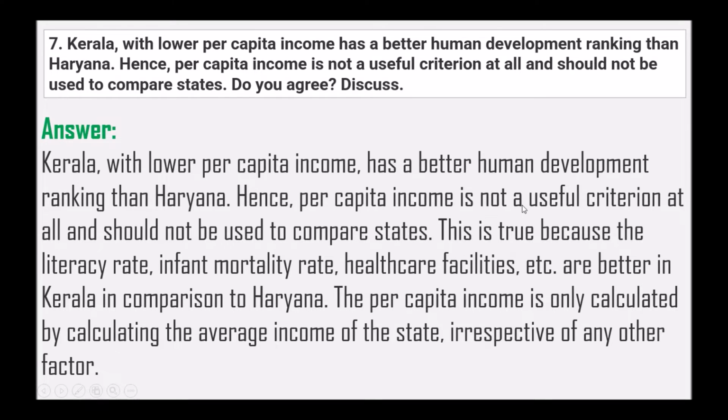Hence, per capita income is not a useful criterion at all and should not be used to compare states. Do you agree? Discuss. This is true because the literacy rate, infant mortality rate, healthcare facilities, etc. are better in Kerala in comparison to Haryana. The per capita income is only calculated by taking the average income of the state, irrespective of any other factor.